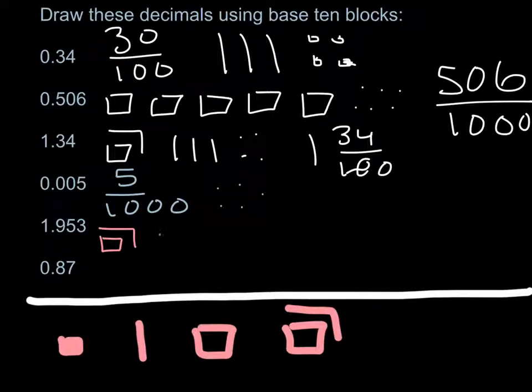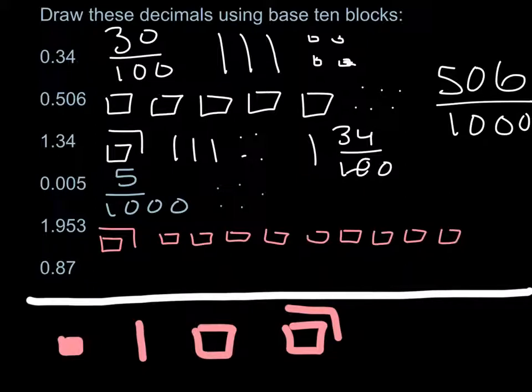I need to show 900, so that would be 9 flats. And I need to show 5 longs, which is the 50. And I have 3 cubes. If I were to write that as a fraction, it would be 1 and 953 over 1,000.